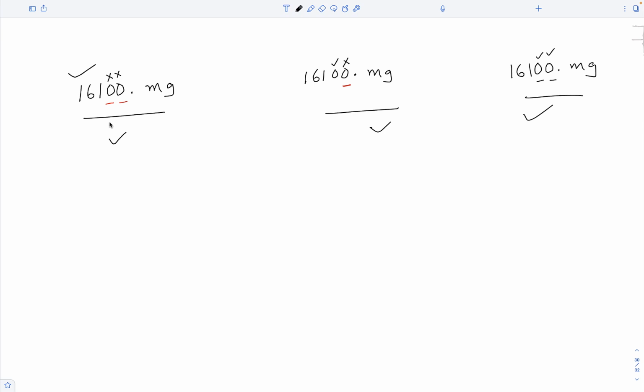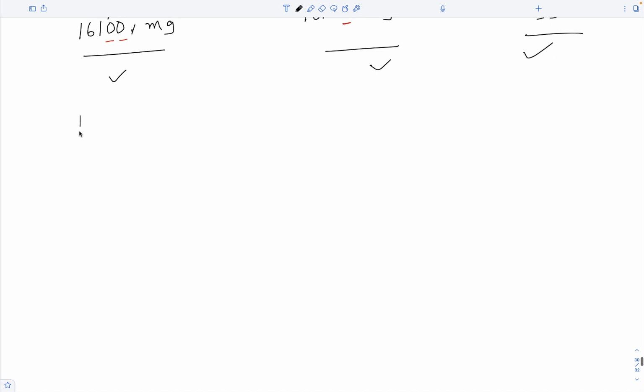You have to find a convention. And the convention that most books follow is, if the trailing zeros are significant, then leave this decimal point there. And if none of the trailing zeros are significant, then drop the decimal point. So if the measurement given is 16100 milligrams without the decimal point, understand that these two trailing zeros are not significant.